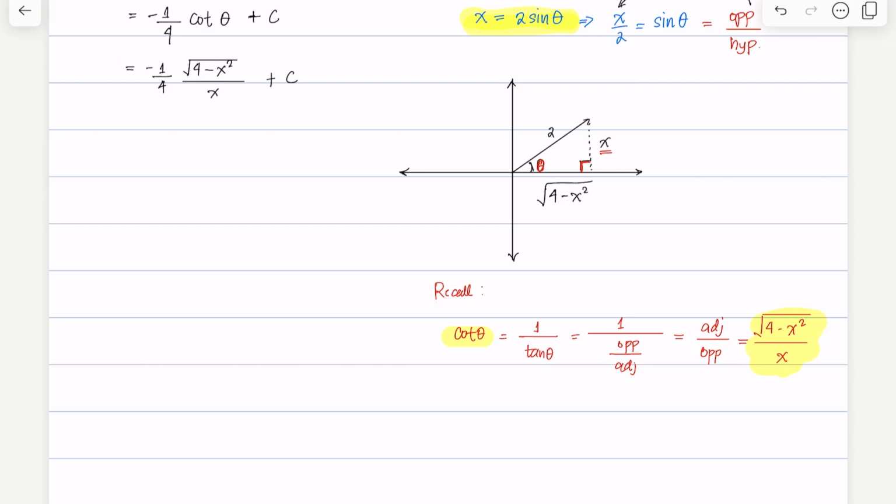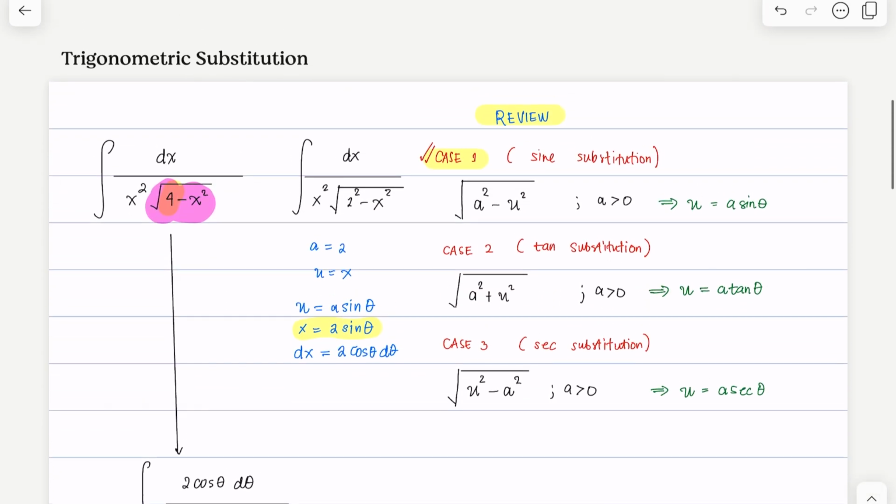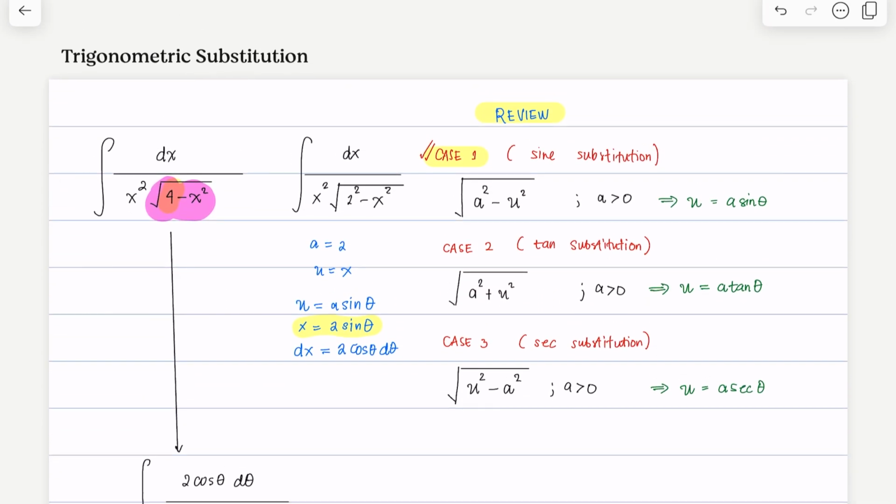So if you want to further rewrite this one, you get 1 over 4x multiplied by the square root of 4 minus x squared plus c. So this is your integral now. I mean, this is the answer to your integral. So again, this is trigonometric substitution, particularly the one where we use the sine function.